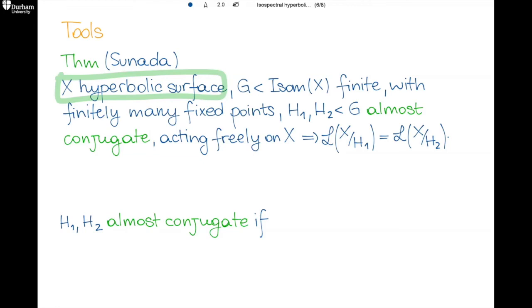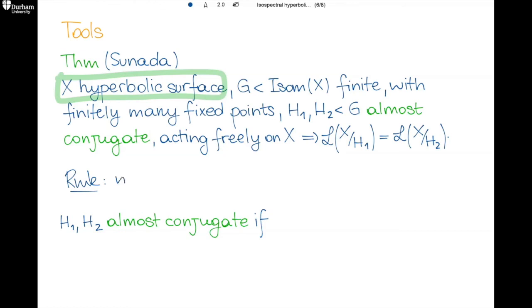Then I can look at the quotients, X modulo H1 and X modulo H2. These are surfaces because they are subgroups of the isometry group that act freely. So I can look at their length spectrum. And what Sunada tells you is that the surfaces you get are isospectral. The two length spectra are the same. What Sunada does not tell you is that the two surfaces are different, in the sense that they are not isometric.